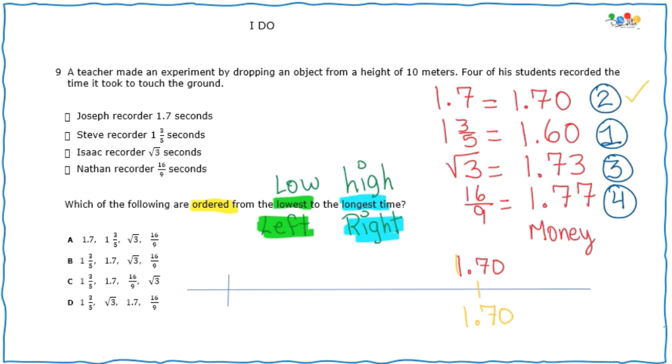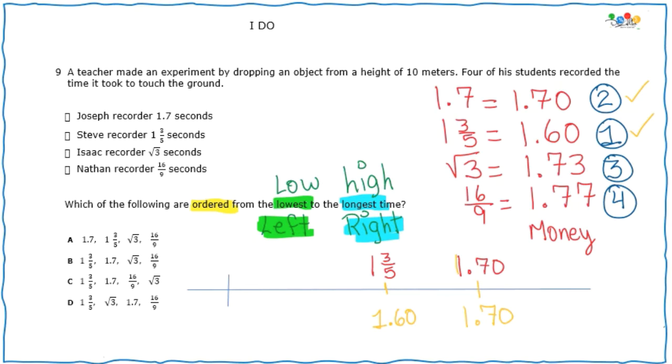So is 1.60 to the right or to the left? Very good. It's to the left. So I'm going to put it right here. 1.60, and what's the equivalent for that? 1 3/5. Very good. Okay, put a check mark that we did that one. Then $1.73.